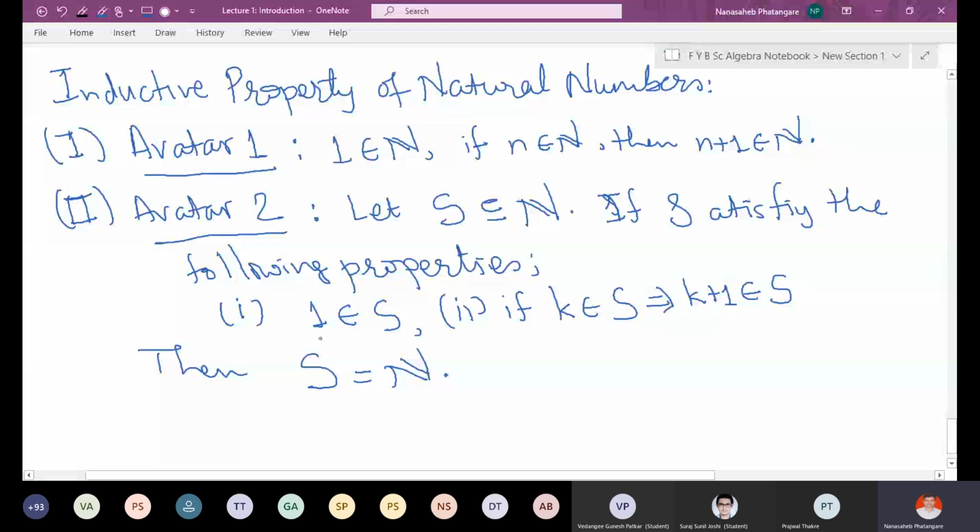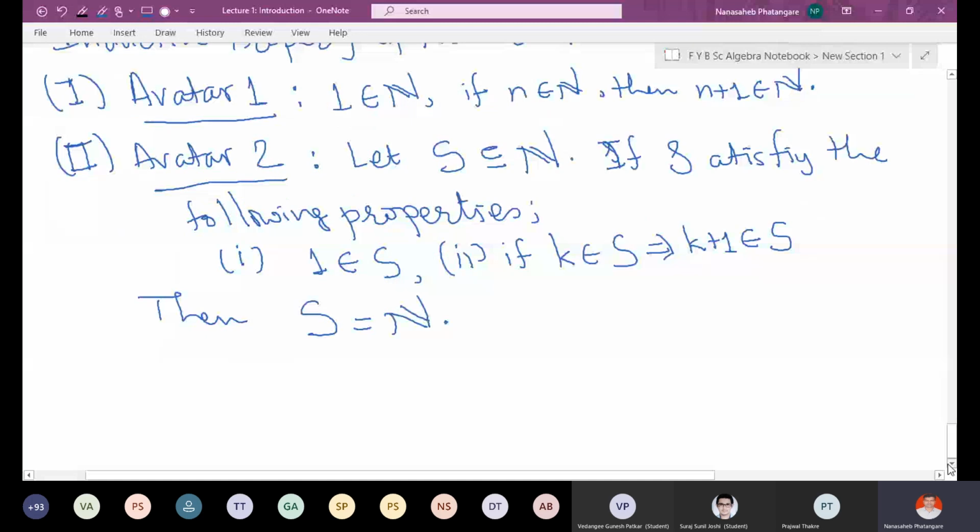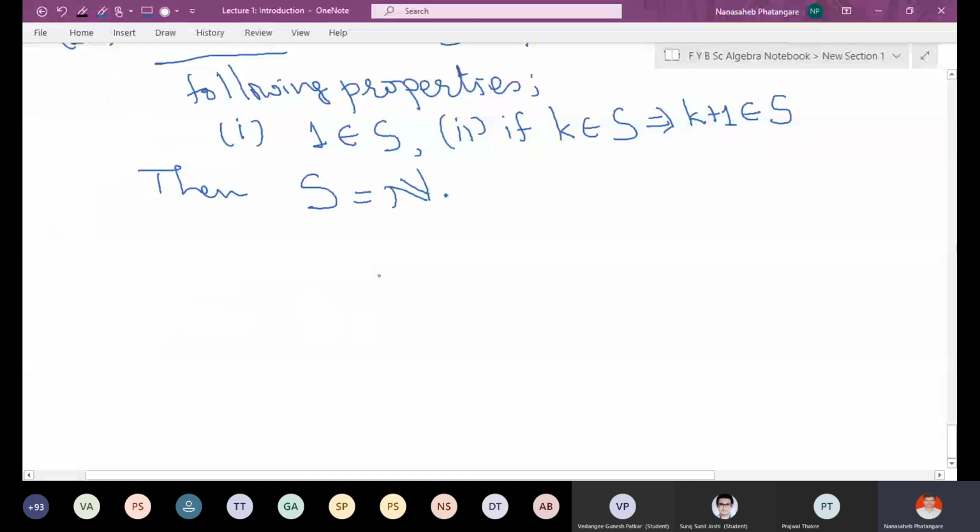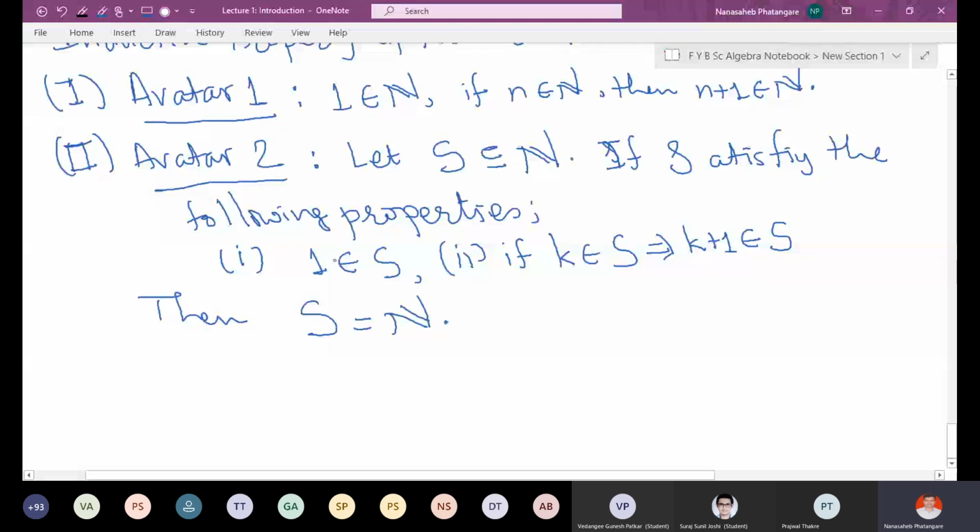If you have infinitely many objects in this way, then that is a set of natural numbers, right? But for mathematical calculations, we consider natural numbers as an abstract set, though such situations also occur in real life. Anyway, this is one avatar of natural numbers.